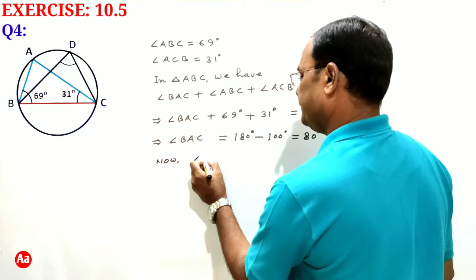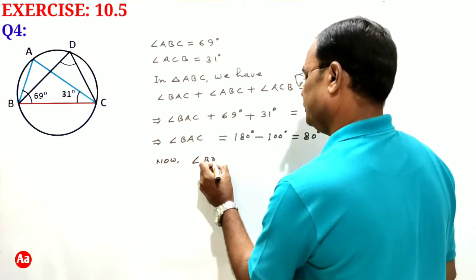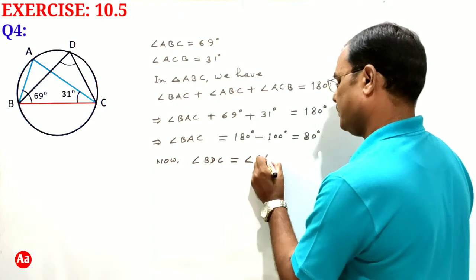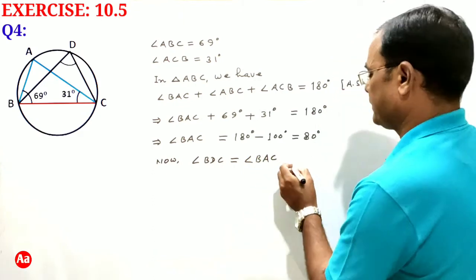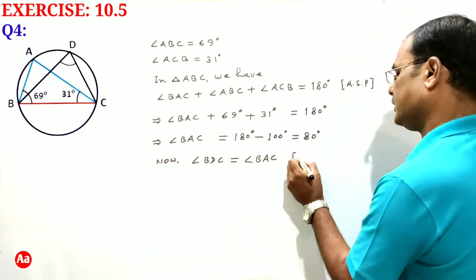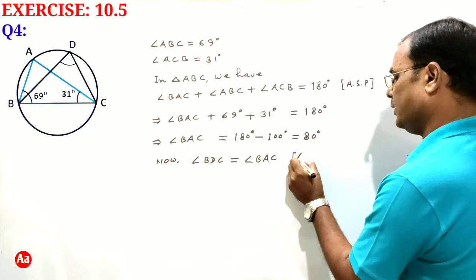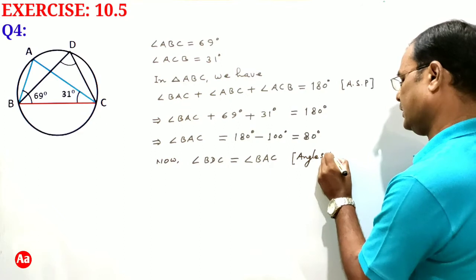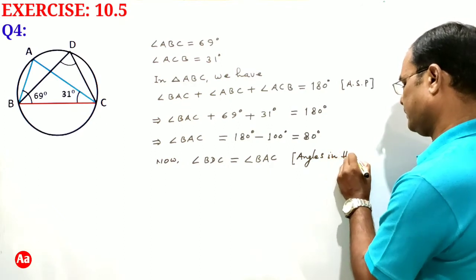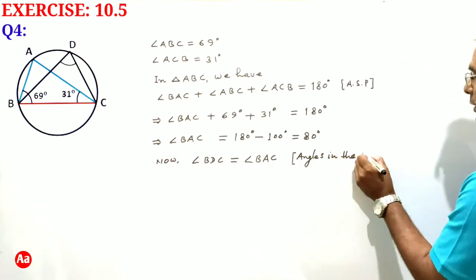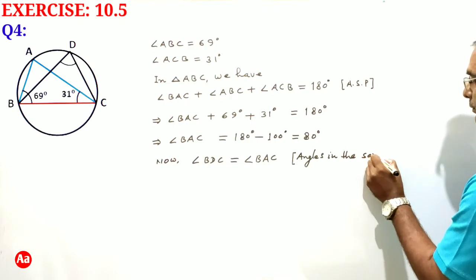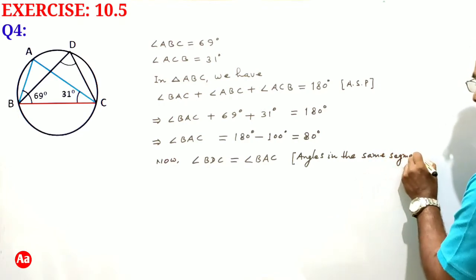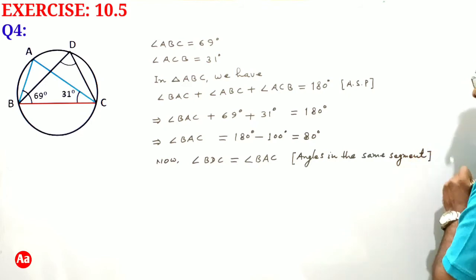Now angle BDC is equal to angle BAC because angles in the same segment are equal.